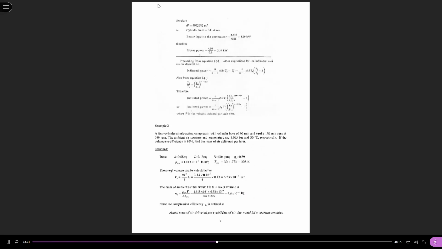Okay, now let's work on example number 2 together. I wish you could read the question first. We have to consider clearance, or for this one, without clearance.